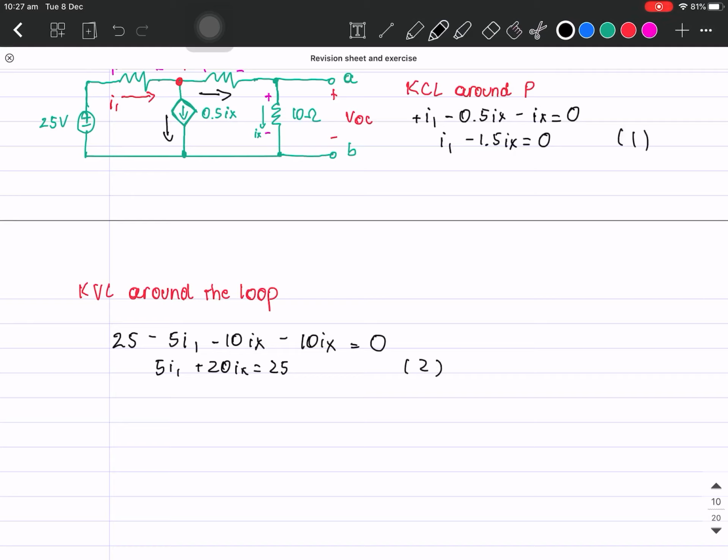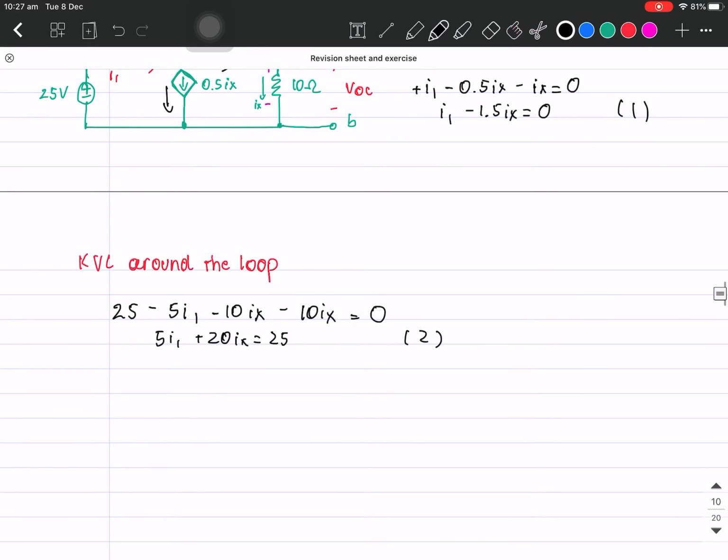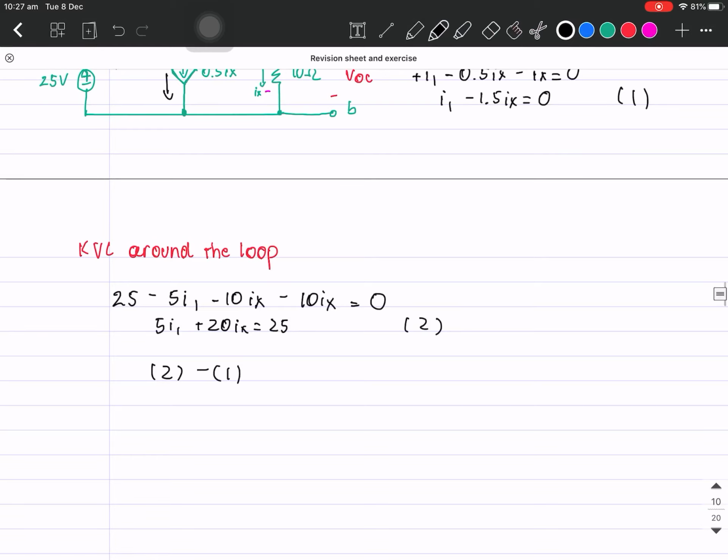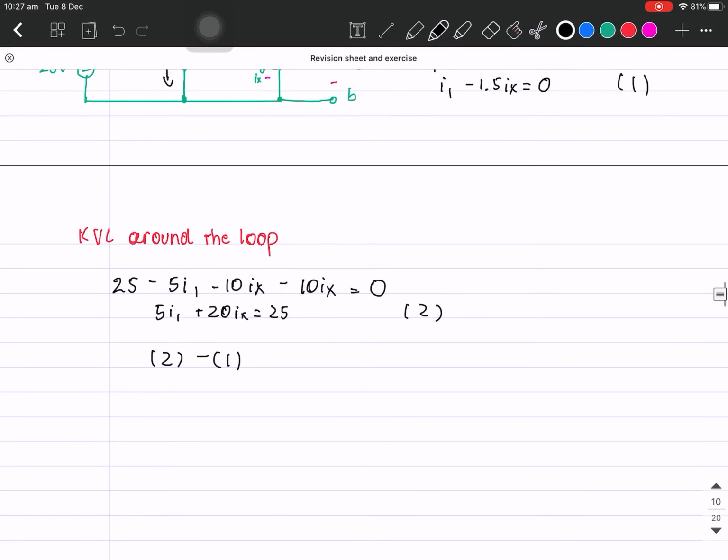And what I would like to do is take number 2 subtract number 1 to find Ix. So that should give me 4Ix plus 1.5Ix is equal to 5. And we have 5.5Ix is equal to 5. So Ix should be 5 over 5.5 amp.